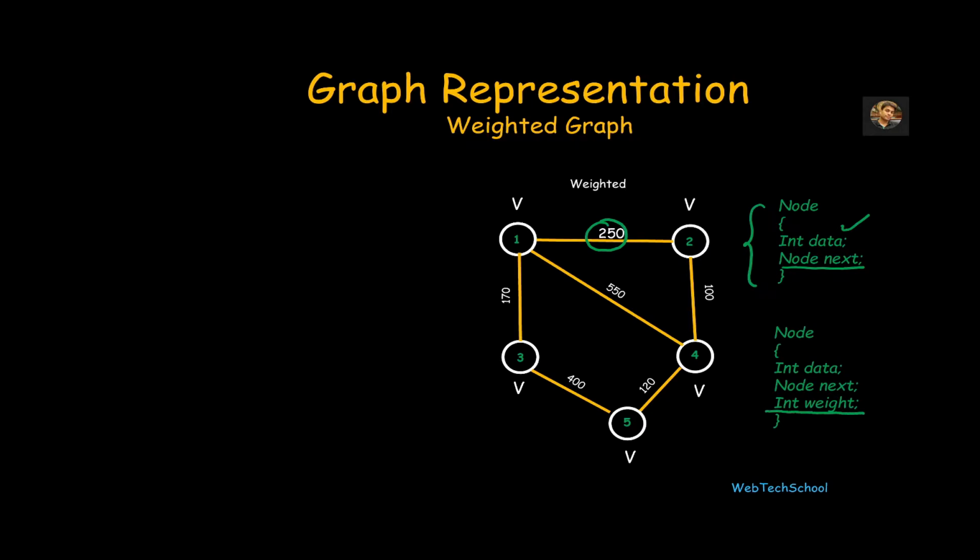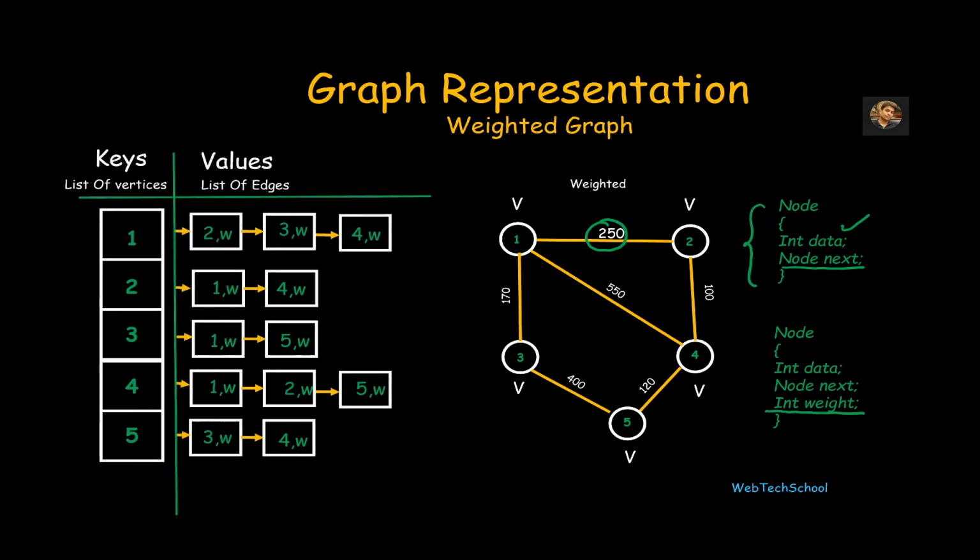In this case, our adjacency list will look something like this, where in the hash table we have all the vertices, and against each vertex we have our edge list, and inside the edge list each node is associated with data and the weight. So 1 is connected to 2, and this weight value can be 250.